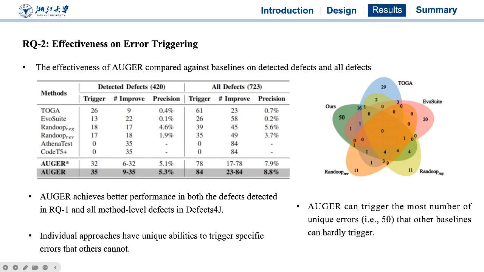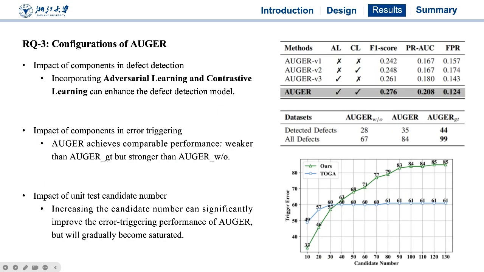We obtained 2 observations. First, each method has the ability to trigger specific defects that other methods cannot trigger, and their performances are complementary. Overall, Augur has more powerful ability than baselines because it can trigger 50 defects that other baselines can hardly trigger.